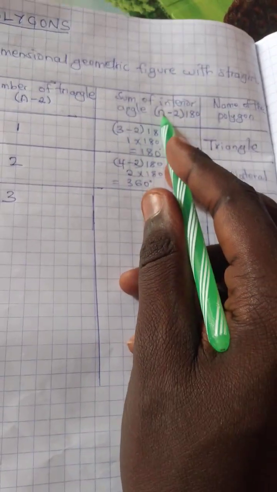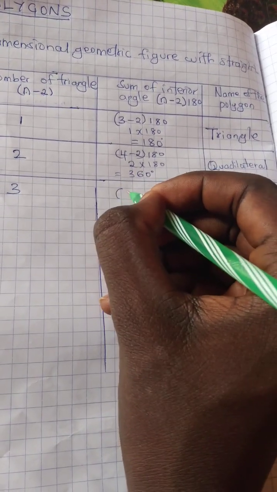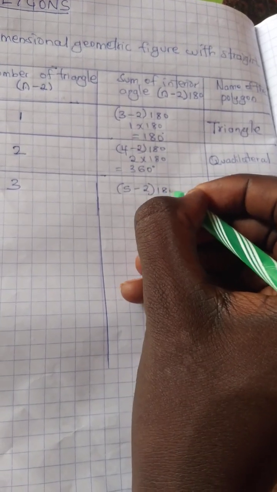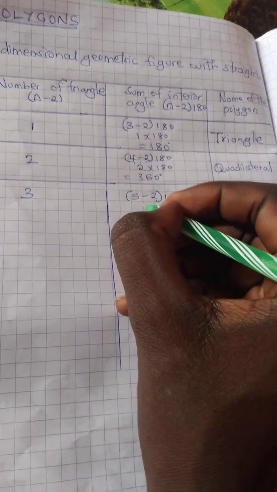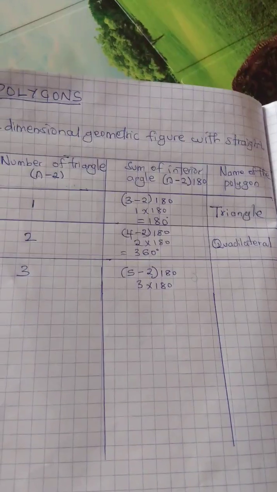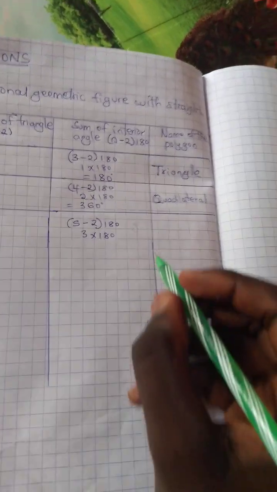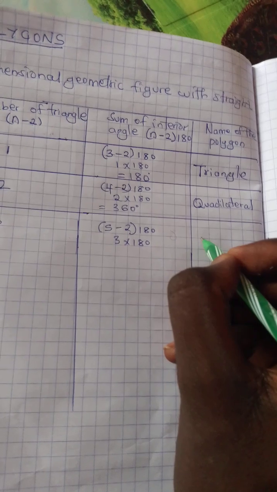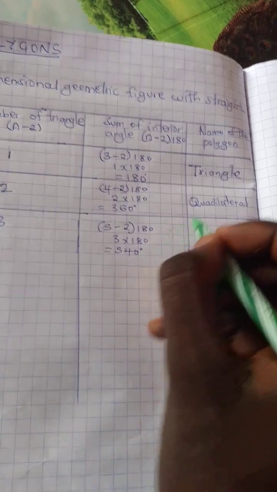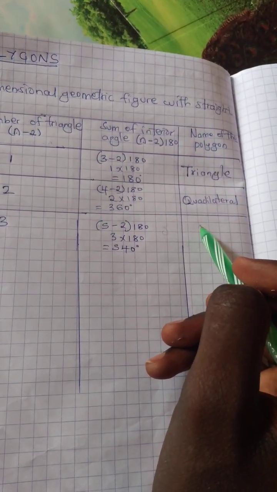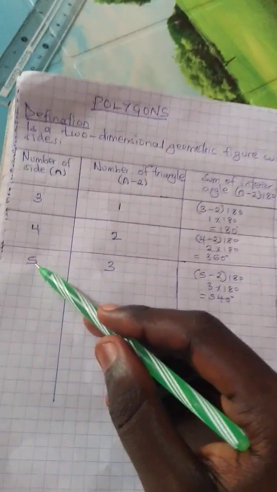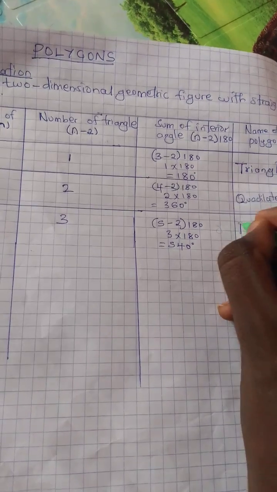We have n, which is 5, minus 2, times 180. It will be 3 times 180, which will give us 540 degrees. Then deduce the name of the polygon. A five-sided figure is a pentagon.